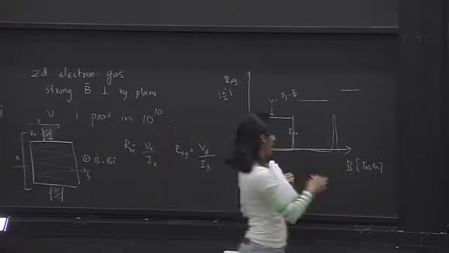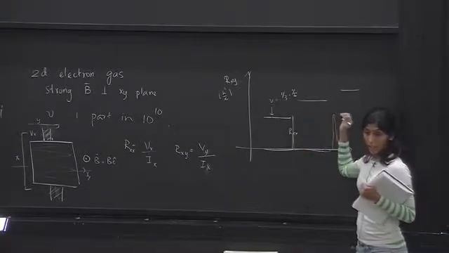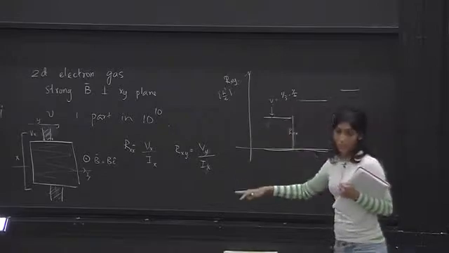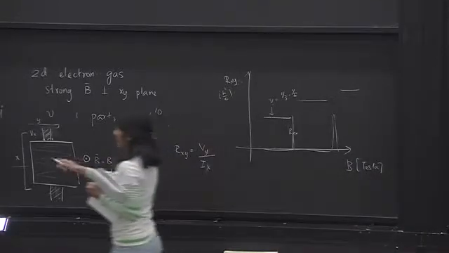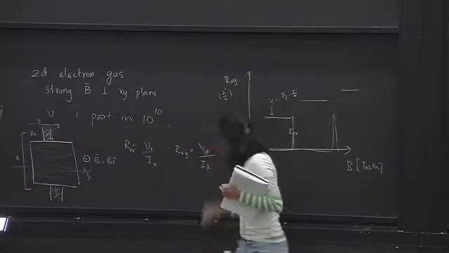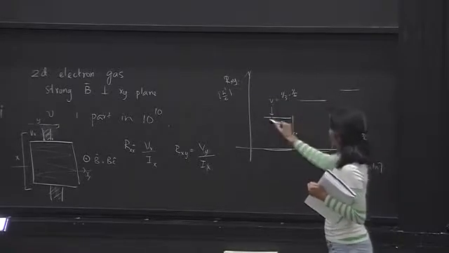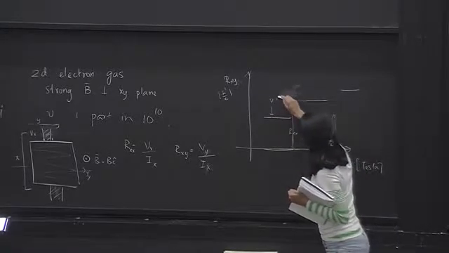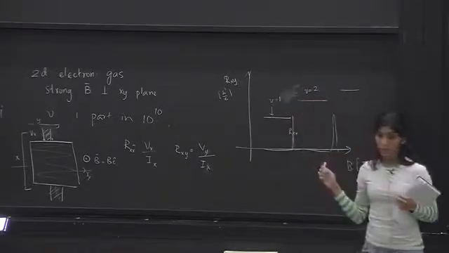We'll start with the classical electron gas and the classical Hall effect, and we'll see that we don't get a plot like this. Then we'll try to explain the integer quantization, called the integer quantum Hall effect, in which we'll try to at least understand what the plateaus are, in which nu is 1, 2, etc.